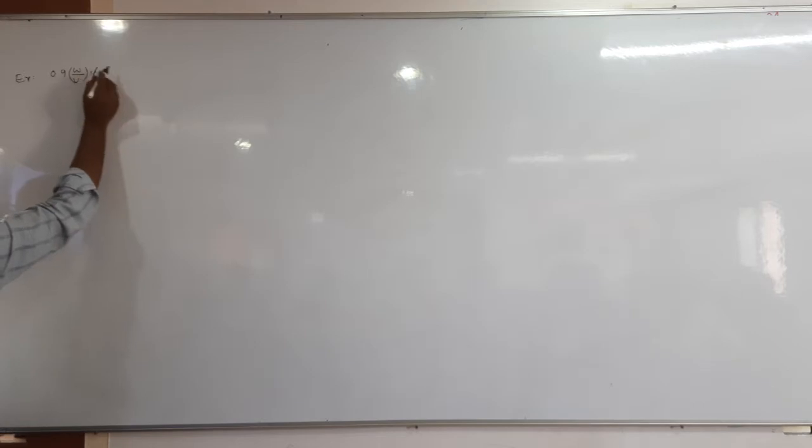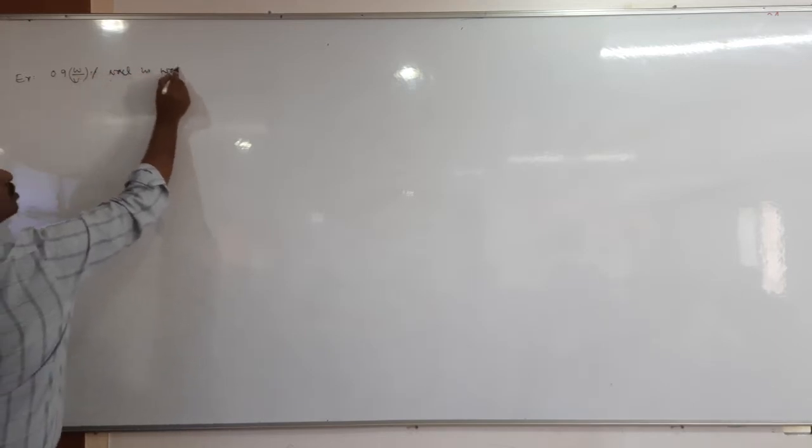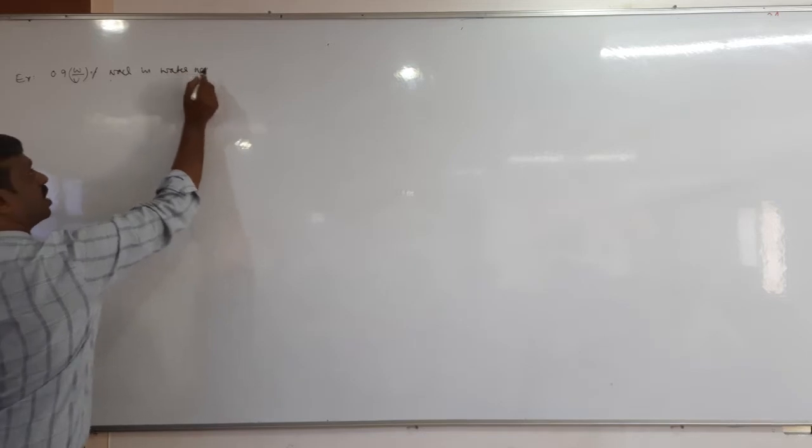Right, let us see an example for isotonic, hypertonic, hypotonic. We all know that 0.9 W by V percentage of NaCl in water is called normal saline. Yes or no?